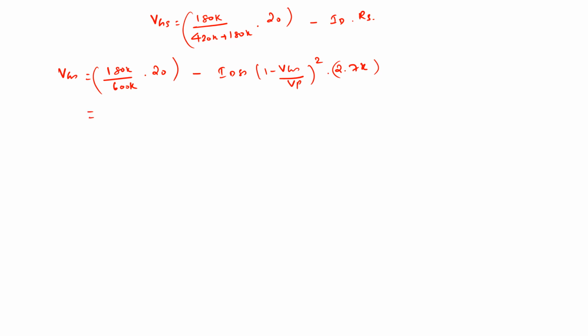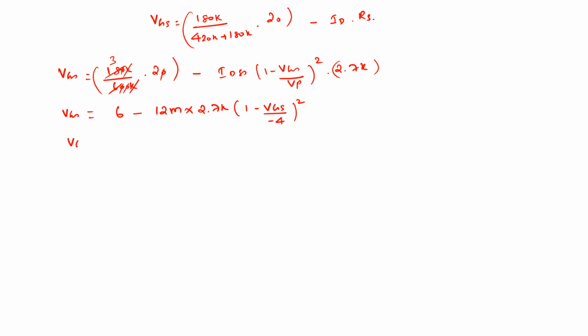So if I cancel this, it is 3 into 2, 6 volts. IDSS is 12 milliampere. RS is 2.7 K. It is 1 minus VGS by VP, which is minus 4, the whole square.